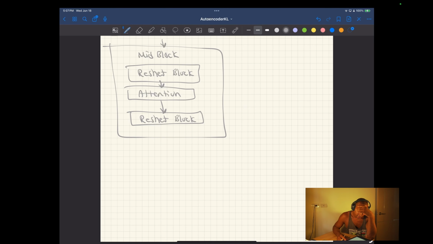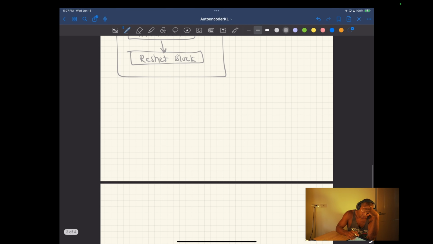Your latent bottleneck is just going to have a conv where k equals 1. And that's going to give us a mu, spatial, right?